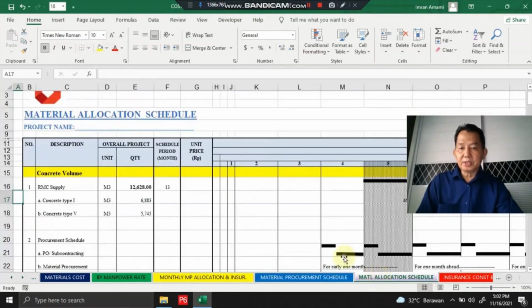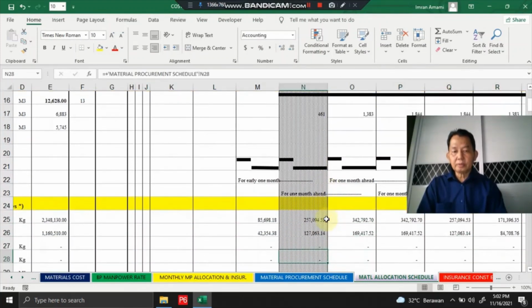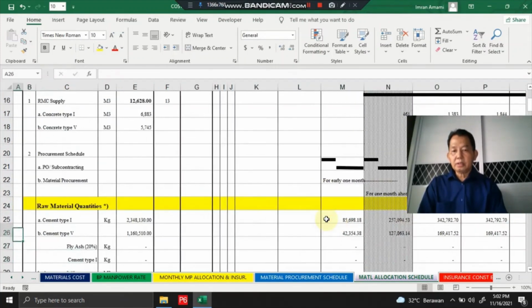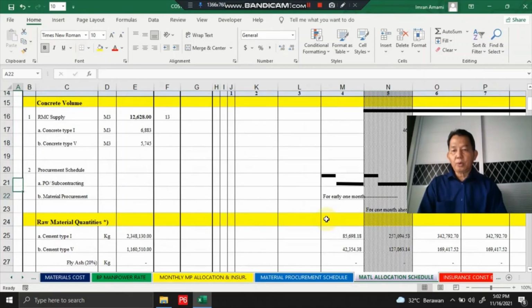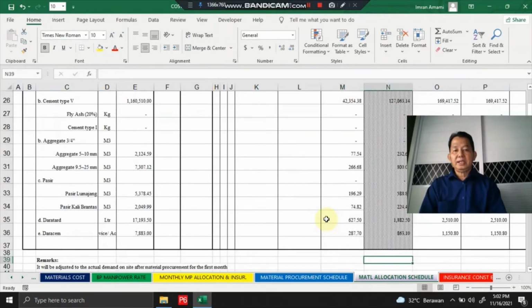Yes, the material schedule is adjusted to the monthly concrete demand schedule. Okay, here, and we procure this material 1 month ahead or 1 month earlier than the monthly concrete demand schedule.